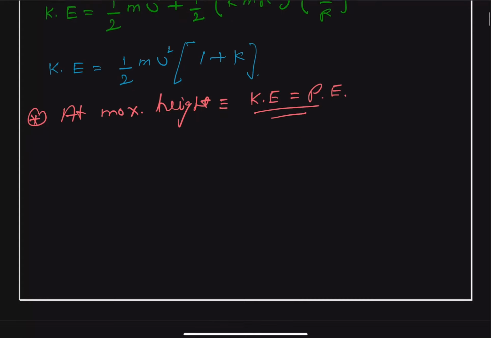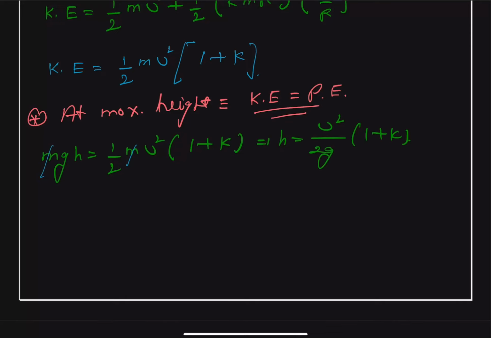Therefore we can write that mgh will be equal to half m v square (1 plus k), and here m and m cancel out. Because we are only interested in height, since the ratio is to be found, we can say h is equal to v square by 2g times (1 plus k).